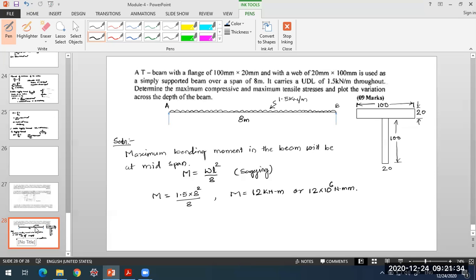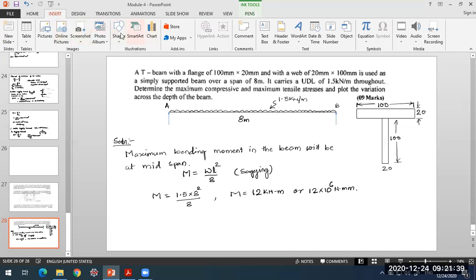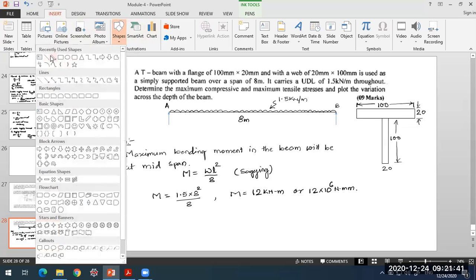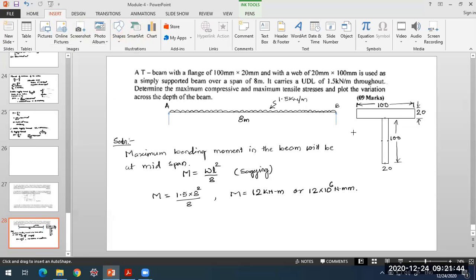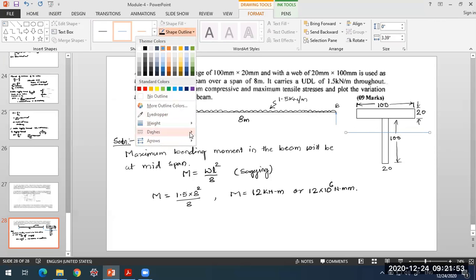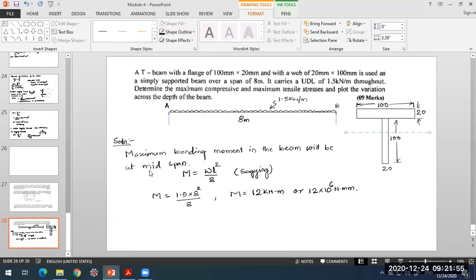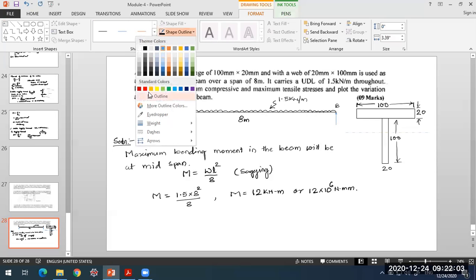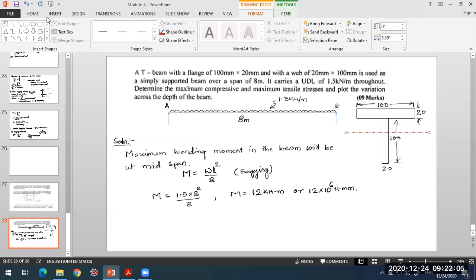Now the next thing is we need to locate where the neutral axis is for this beam. In case of this straight beam, the neutral axis will coincide with the centroidal axis. So we'll have to locate the centroidal axis to know the position of the neutral axis. We'll do it by taking the moment of areas about a reference axis.